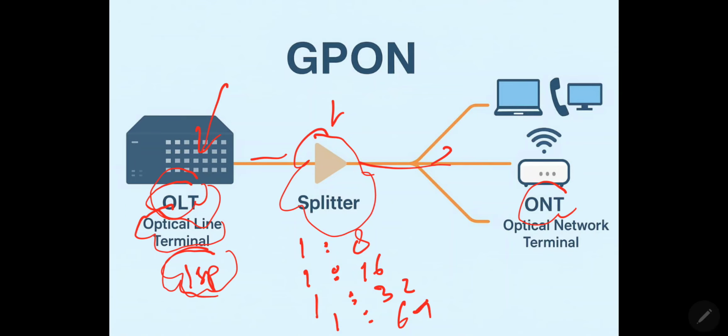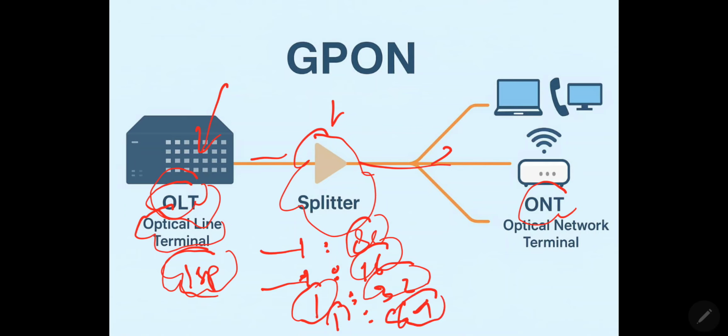It means one input cable can handle 8 houses, 16 houses, 32 houses, and this one cable can handle 64 houses. And what is being handled? It is bandwidth.